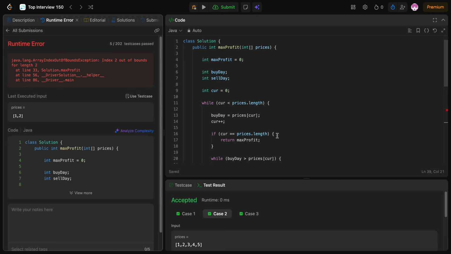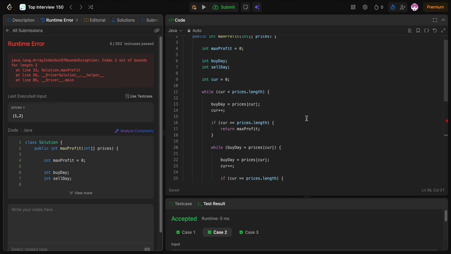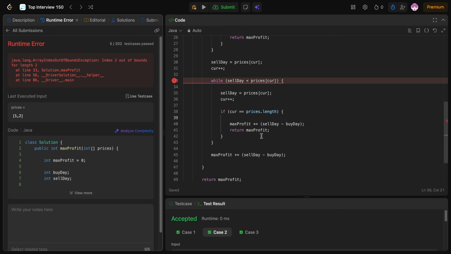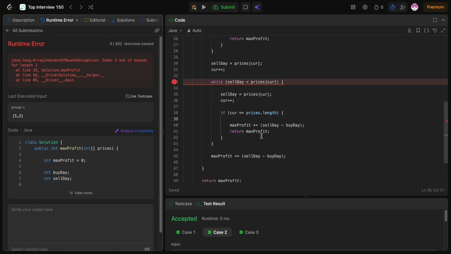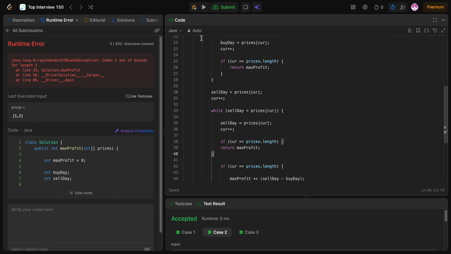Okay, so we obviously have some type of error. Let me just go over, okay, right here. Okay, I think I just need to put the same thing here. Yeah, let's try that.